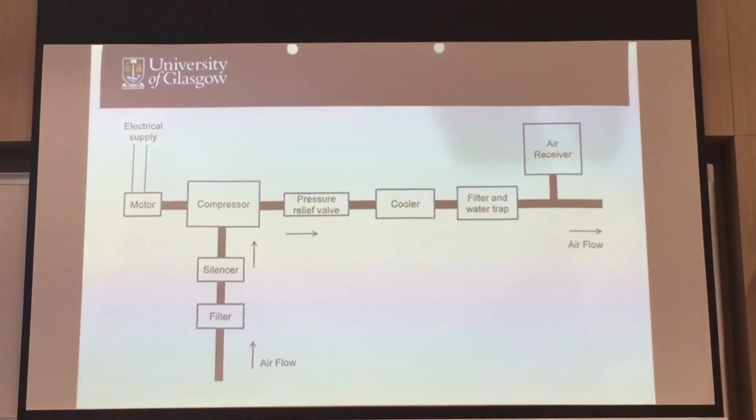And after being compressed, it will move on to the pressure relief valve. And the pressure relief valve is in a way to protect against the abnormal increase or decrease in the pressure due to your compressor. Because your compressor is not going to have any intelligence, it's just going to run continuously.